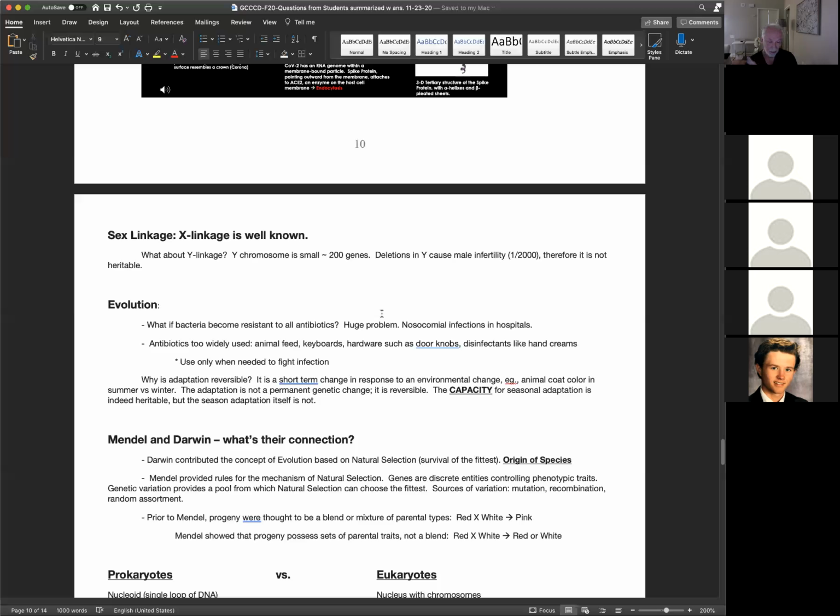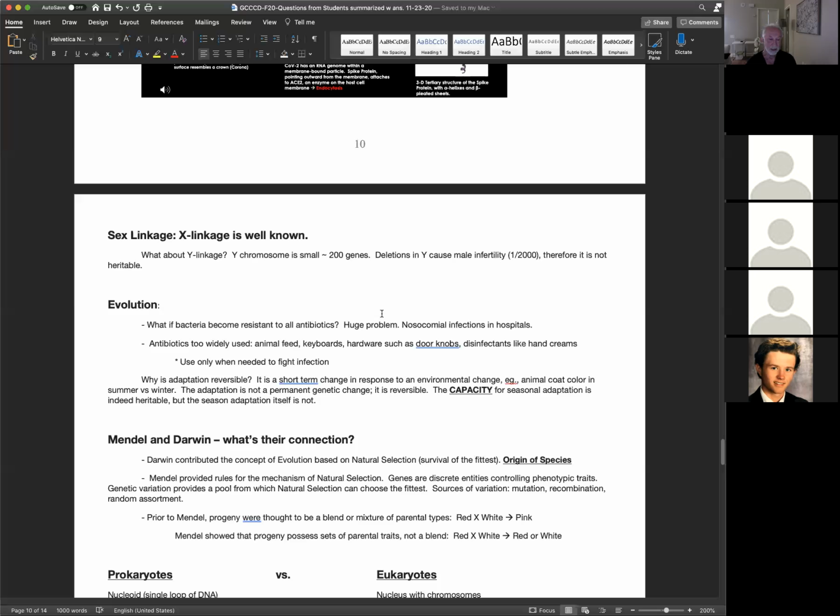So it's reversible. And the point here is that the capacity for seasonal adaptation is indeed inheritable. In other words, these foxes inherit from generation to generation the ability to change color. So that's heritable. But the seasonal adaptation itself is not heritable.